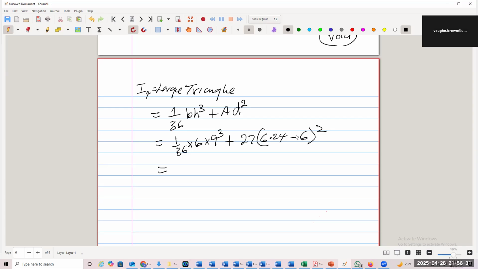So this will work out to be, because we are almost done here, 9 cubed times 6 divided by 36. All right.